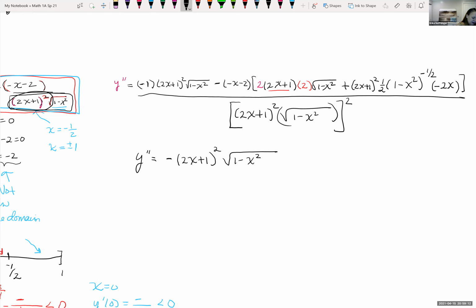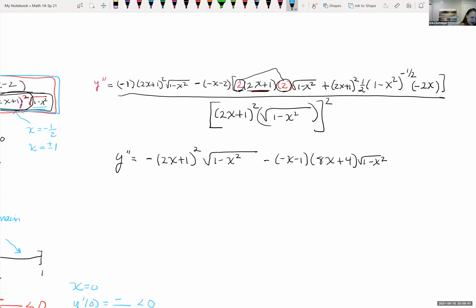So this is going to be minus negative x minus 1. Here we have a 2 times a 2, that's a 4. And maybe we can distribute that 4 inside the parentheses 2x plus 1. So that would give us 4 times 2x is 8x, and 4 times 1 is plus 4. Square root of 1 minus x squared.